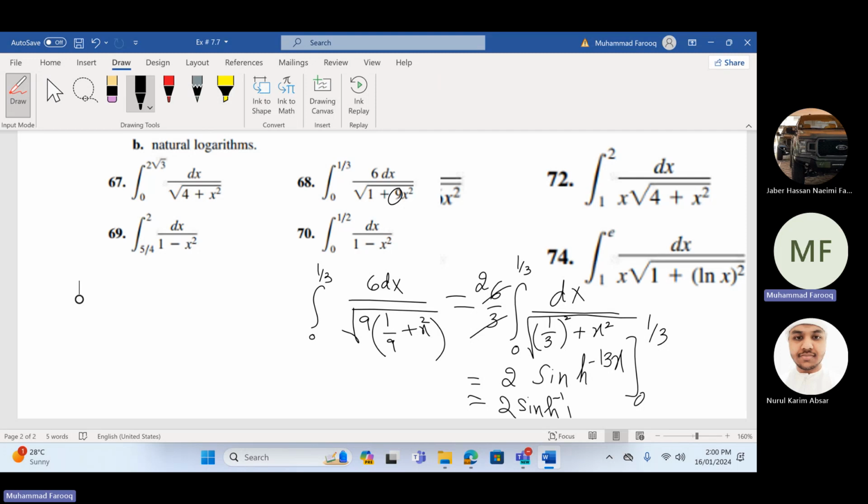For example, what would you take as u here? Maximum, you can only take x as u. But if x is u, then dx is du, so it's not making any change.